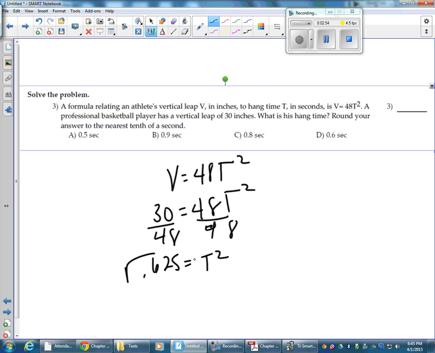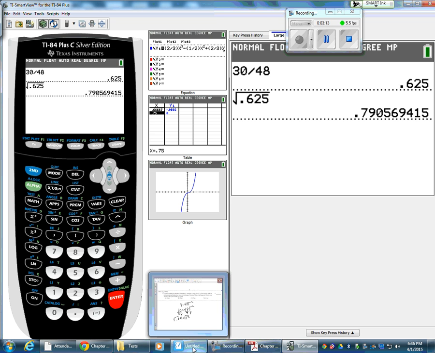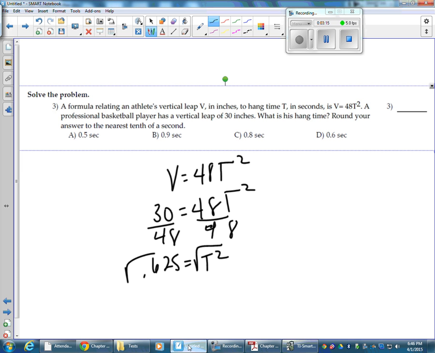Now, obviously, there's a positive and a negative square root, but because this is talking about time, we're only going to worry about the positive square root. So I just want to do the square root of 0.625, and I get 0.79. So they said round to the nearest tenth of a second, so that's going to be 8 tenths of a second. So 0.8 seconds, my answer would be C.